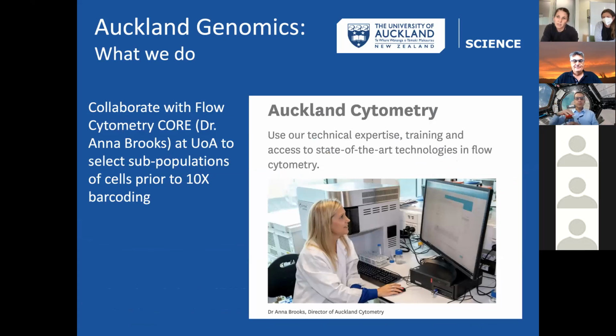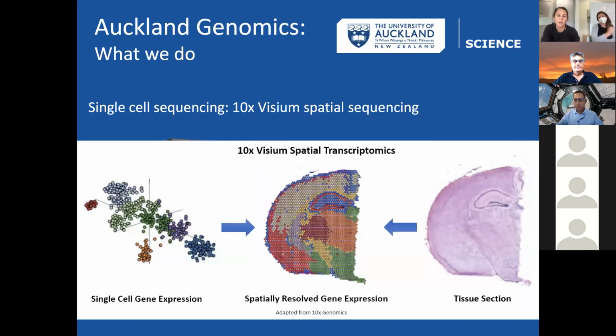We collaborate with the flow cytometry group at the University of Auckland. So Anna Brooks shown here, if you have a population of cells that you're interested in, she can sort them and then we can sequence them for either 10x or other applications. We've been doing a bit of single cell sequencing using 10x Genomics spatial sequencing.